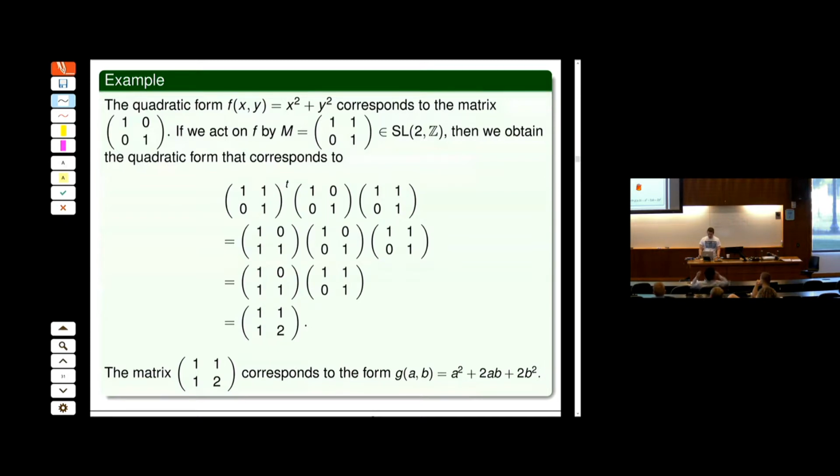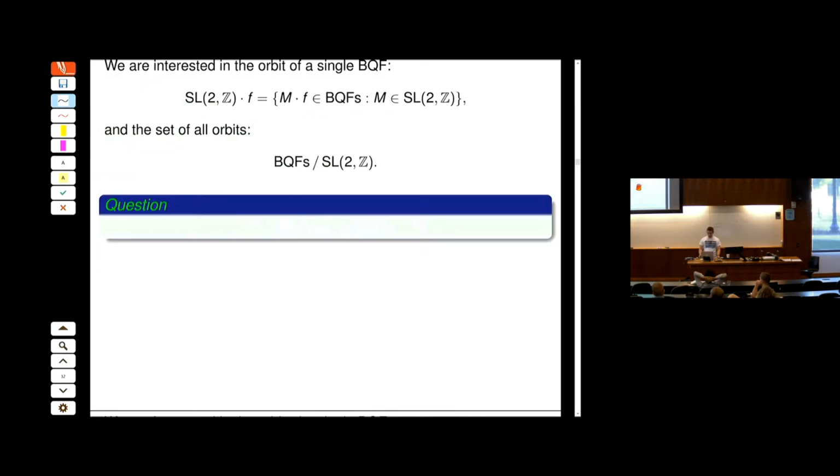So the matrix, so we went from one form to the other using that change of variables, and we are interested in, I guess, changing by GL, and the set of all orbits.